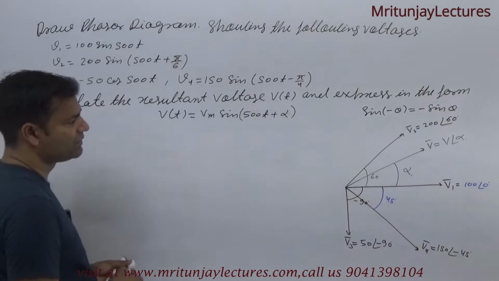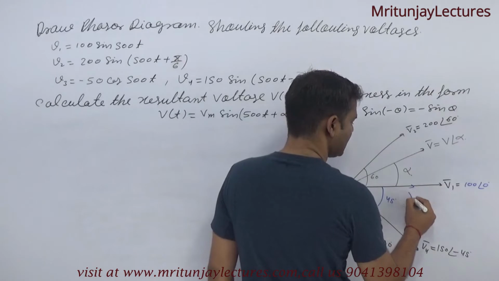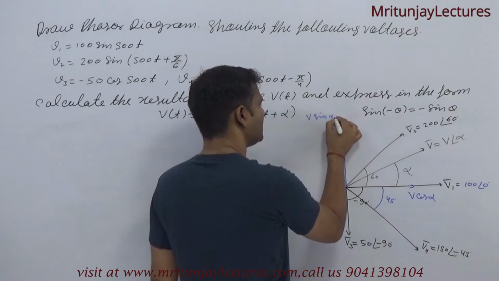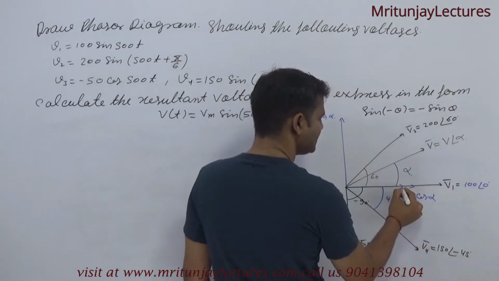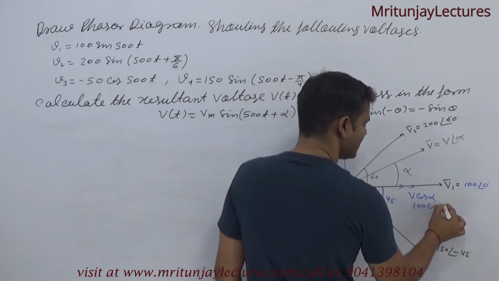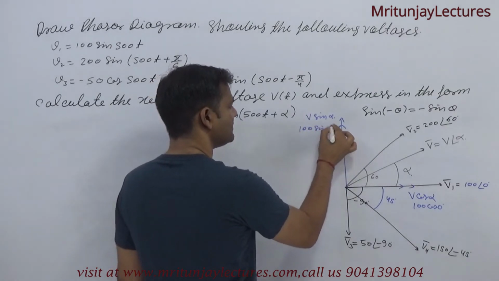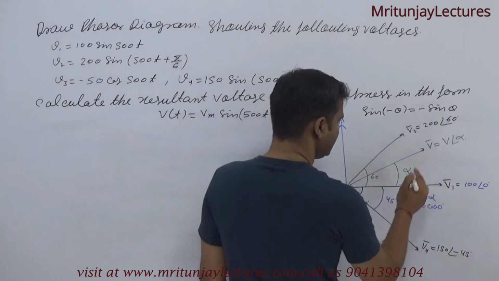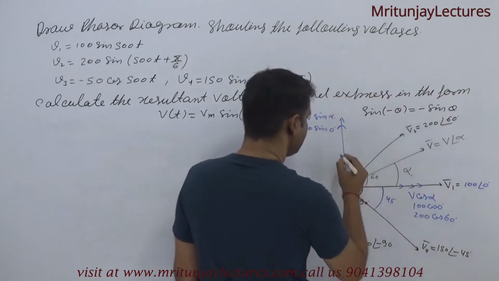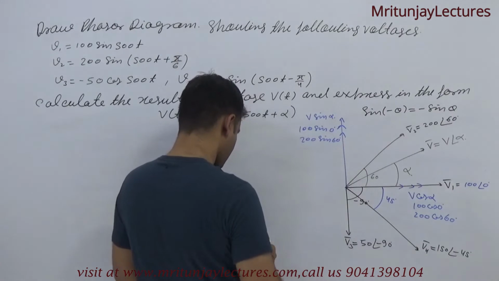Okay, so along the x-axis, V is V cos alpha, and along the y-axis that is V sin alpha. Similarly, V1 along the x-axis is 100 cos 0, and here that is 100 sin 0. Similarly, V2 is 200 cos 60 degrees, and 200 sin 60 degrees.